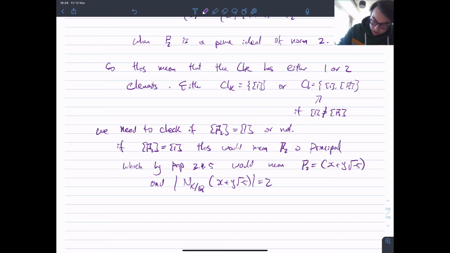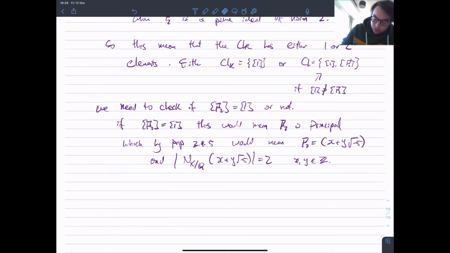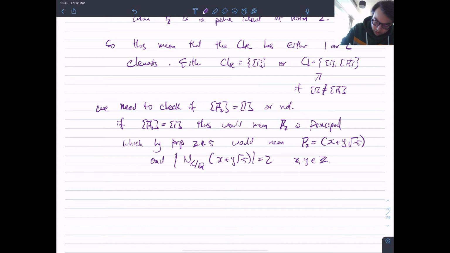Obviously, x and y here are just some elements of Z. So the norm has to be plus or minus 2. Great. So can we have any elements of norm 2 is the question that we need to answer.